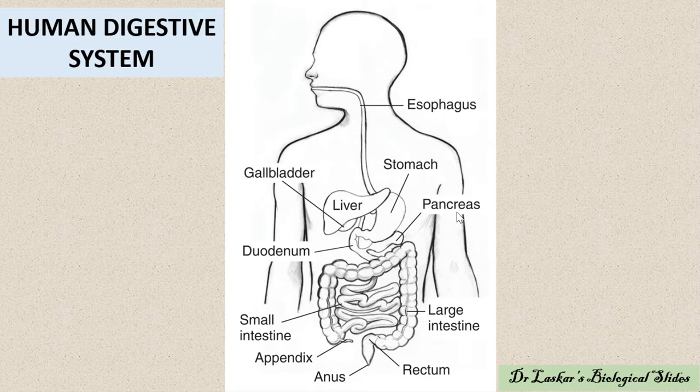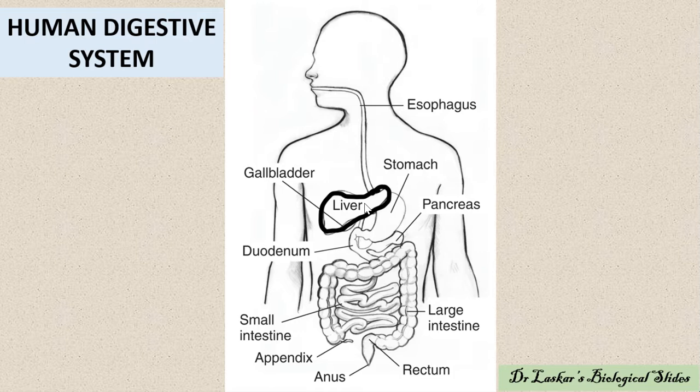The next gland, liver. Liver is the largest gland in the human body, and its weight is about 1.5 kg.